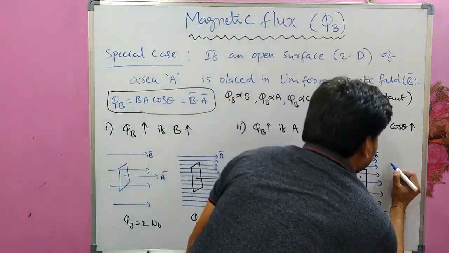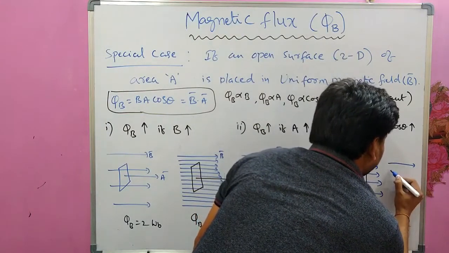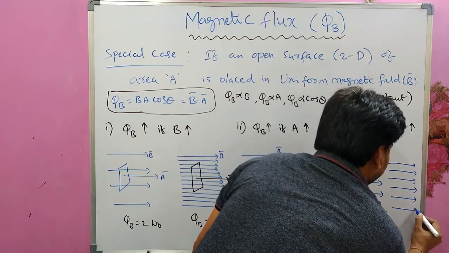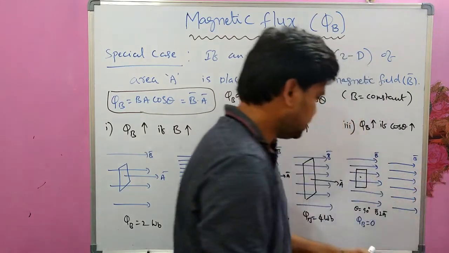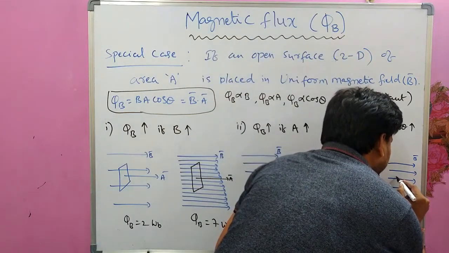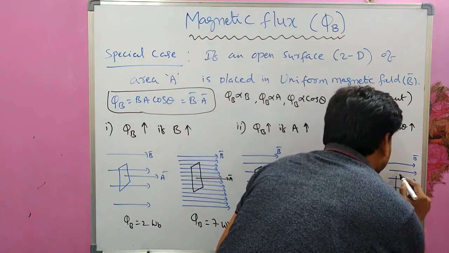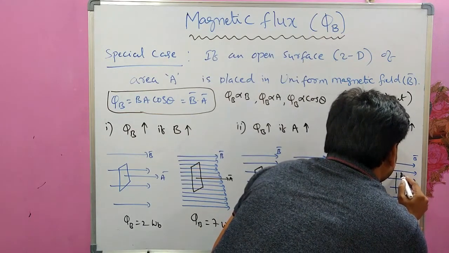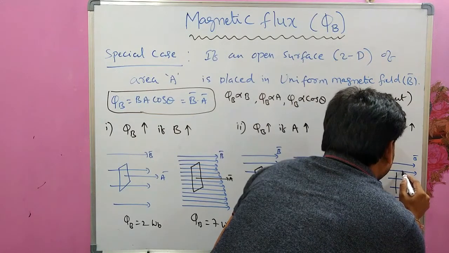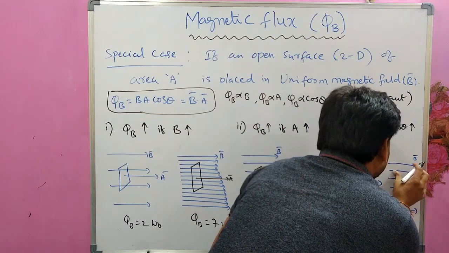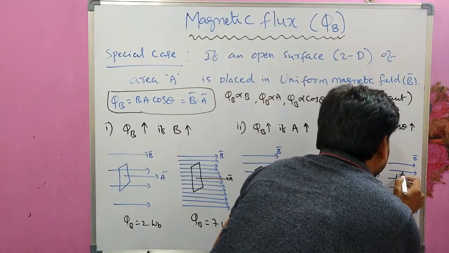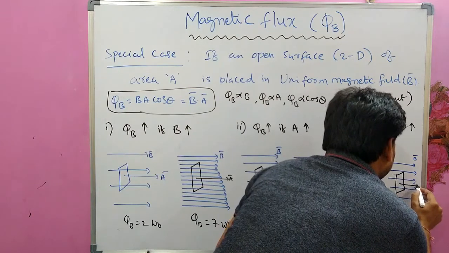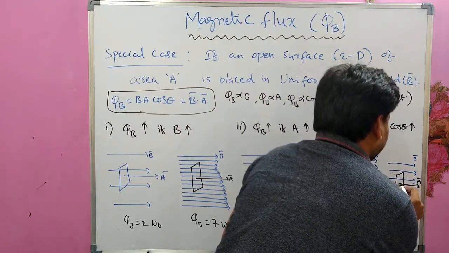So if I have another situation where the magnetic field is the same, so I am not changing that. The only thing that I am doing is rotating the surface with the same magnitude. I am just rotating the surface. Let us say this area is this way. Right?